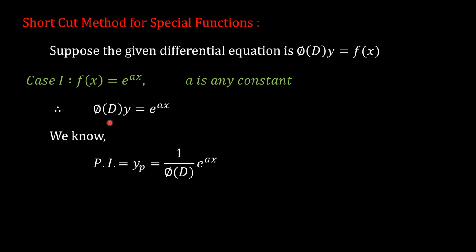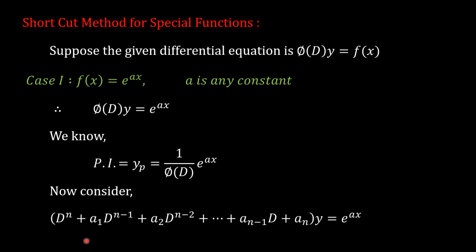To get this particular integral, we will go back to the given differential equation. We replace phi of D by its expression, and therefore the equation becomes D raised to n plus a1 D raised to n minus 1 plus and so on plus an minus 1 D plus an into y is equal to e raised to ax. Now what we are going to do? We are going to evaluate all the terms from the expression of phi of D. So let us see that.